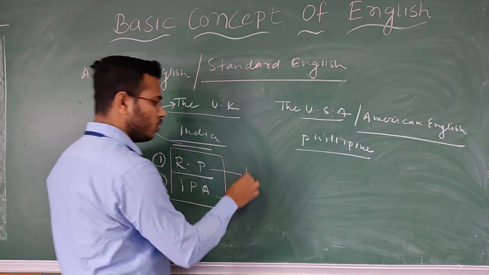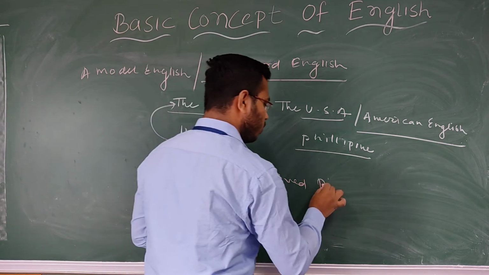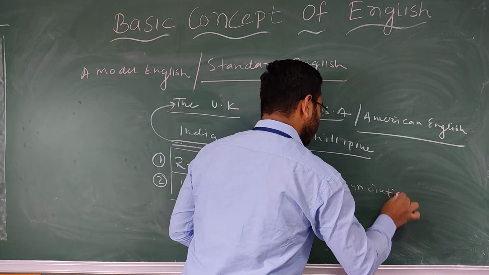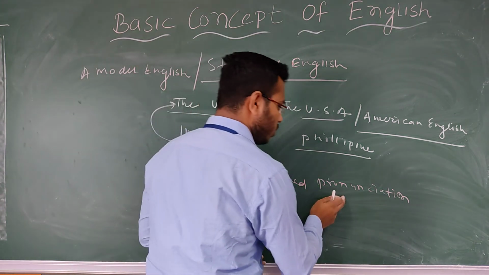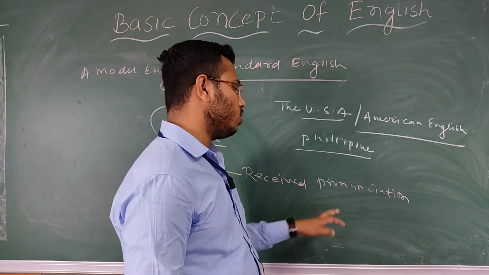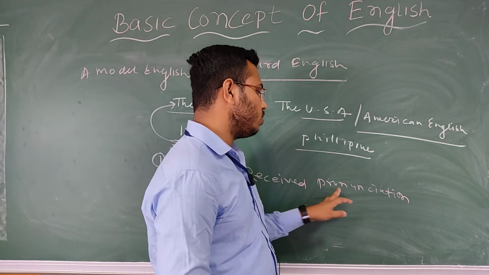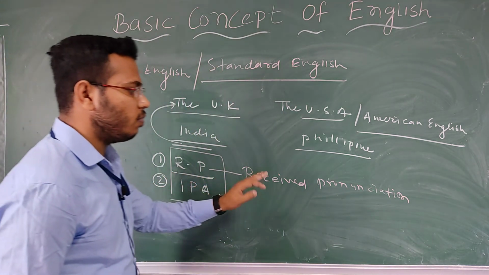RP means received pronunciation. Some students pronounce it incorrectly; it is wrong. It is received pronunciation. So what is RP, received pronunciation?